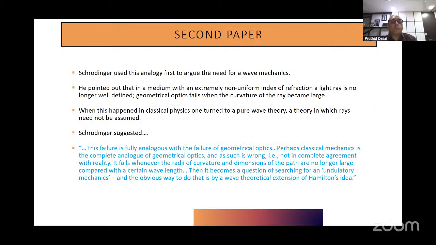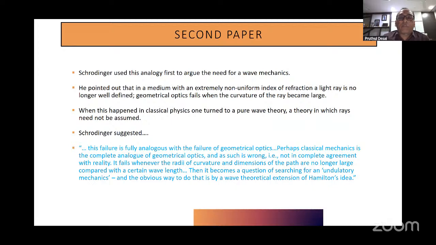So Schrödinger used this analogy. He emphasized the need for wave mechanics, and he pointed out that in a medium of extremely non-uniform index of refraction, so if you have a high index of refraction, a ray is no longer well defined, and geometrical optics fails when the curvature of the ray becomes large.